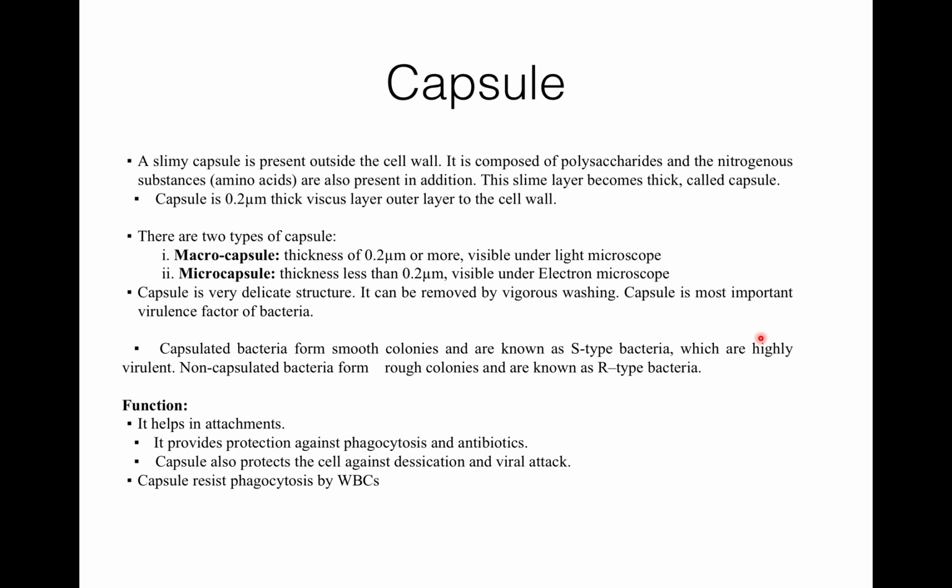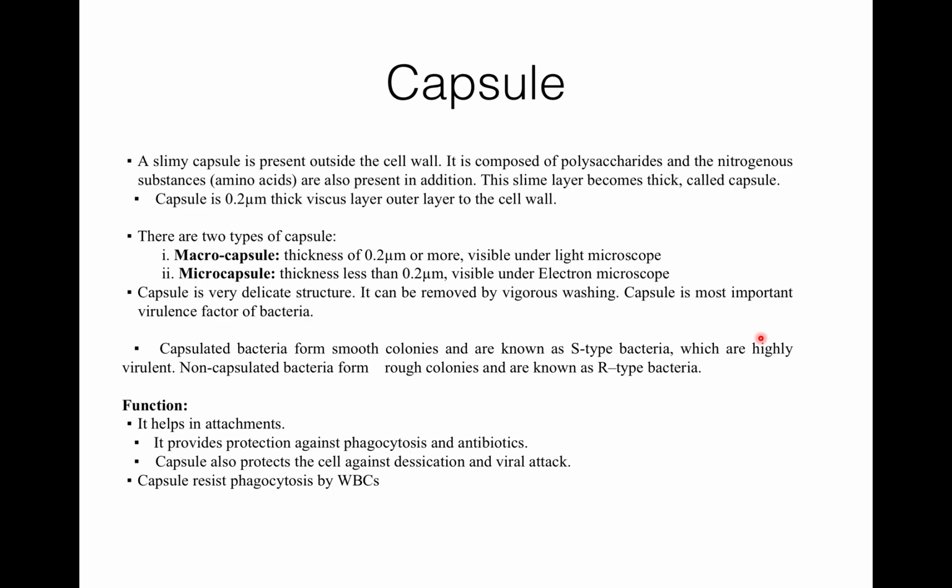Capsulated bacteria form smooth colonies and they are known as S-type bacteria. And these bacteria are highly virulent. Non-capsulated bacteria form rough colonies and they are R-type bacteria. They are usually non-virulent bacteria.